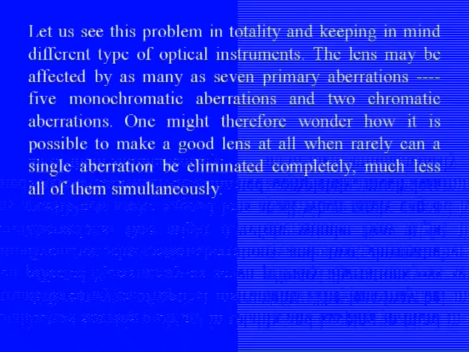The lens may be affected by as many as 7 primary aberrations, 5 monochromatic aberrations as we have seen, and 2 chromatic aberrations, longitudinal and lateral. Now, one might therefore wonder how it is possible to make a good lens at all, when rarely can a single aberration be eliminated completely, much less all of them simultaneously.